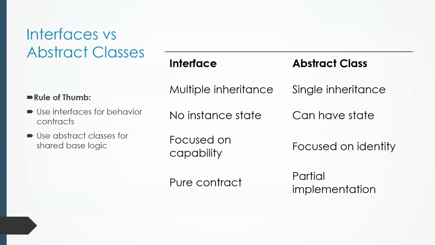When they say abstract classes focus on identity, what that means is if you're going to decide whether to use an abstract class or an interface, if you're concerned mainly with functionality, mainly with methods, and you want to use multiple inheritance, I would use an interface. So you use interface for behavior contracts. But if there's a lot of shared behavior, then I would use an abstract class.